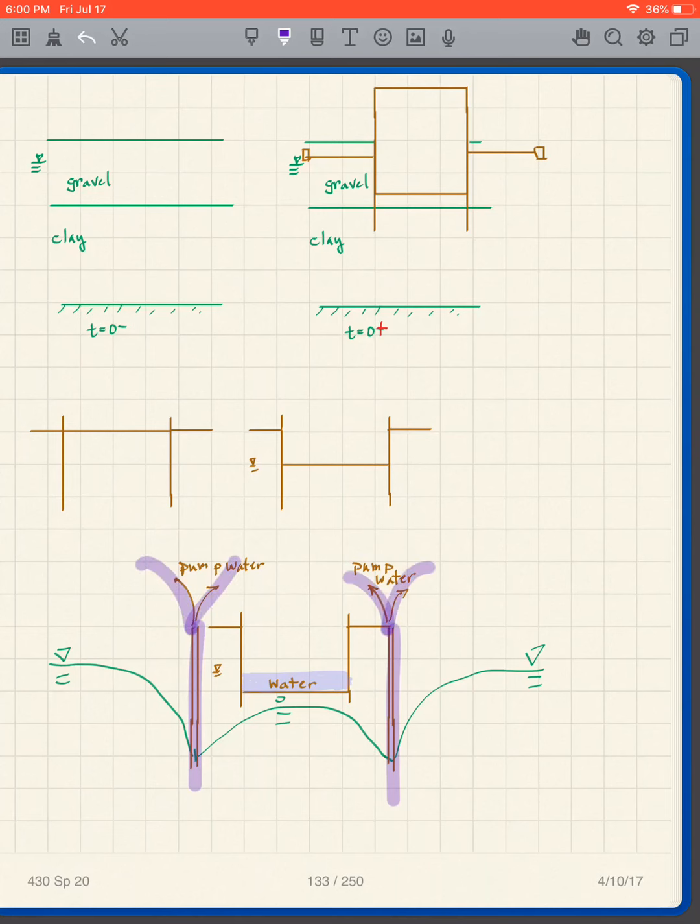And the purpose of pumping the water, and hopefully you can do this, is to lower the water table. So the water table is no longer flat. It's going to look like that.